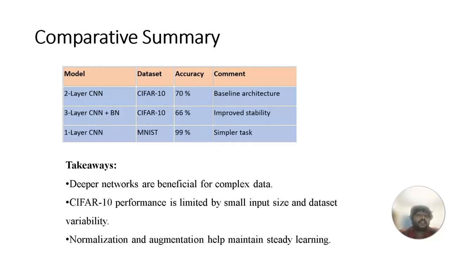And let's take our key takeaways. Deeper networks are much better at handling complex data like CIFAR-10, because they abstract features better than shallow models. CIFAR-10's performance is limited not by the algorithm but by its high variability.